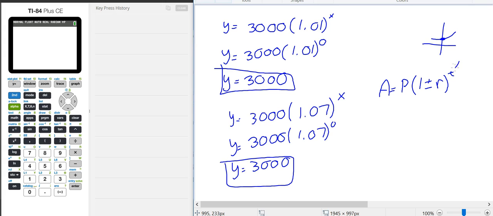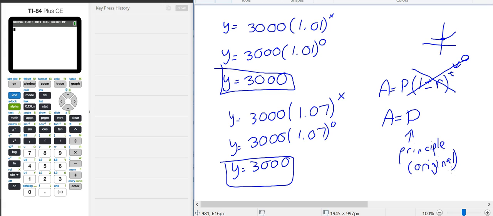Since we're setting this t value, this x value equal to 0, whatever is in the parentheses automatically becomes 1. So we always have a is equal to p for the y-intercept, and p we know is the principal, or the original amount. Therefore, the y-intercept of any exponential function always represents the original amount of that function.